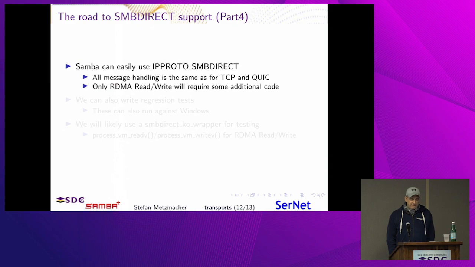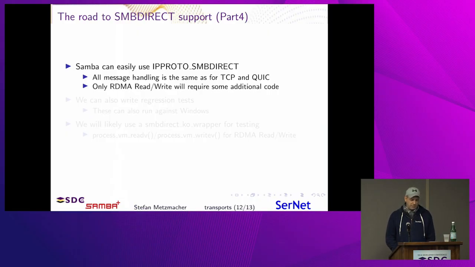So when we have that, I can start to change Samba to use it, and luckily it will be very easy for the main transport thing. It's basically the same as TCP and quic, just adding a new transport type and doing some other setup code, but basically it wouldn't be much change at all.